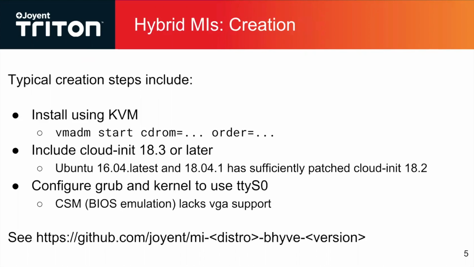We need to include cloud-init 18.3 or later in general. Recent versions of Ubuntu 16.04 and 18.04 include cloud-init 18.2 or later. The version of cloud-init 18.2 actually has the fixes that first made it into 18.3. So they picked a development snapshot that included the fixes, or they have backported things.